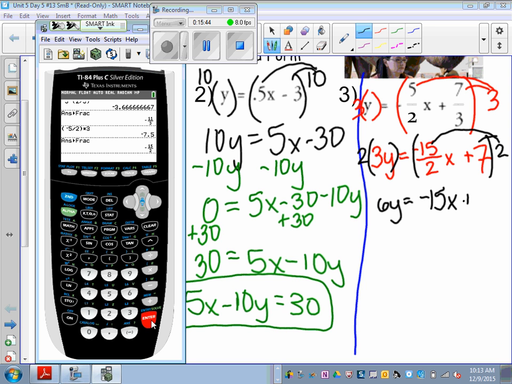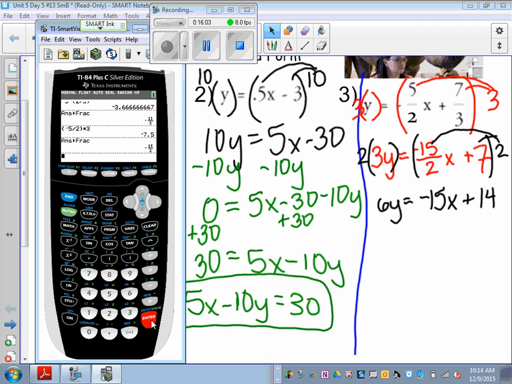And then 7 times 2 is 14. So multiply by your largest denominator, and keep doing that until you get rid of all your denominators. Now we have no more fractions. Now we can move stuff around. Oh, and how nice! When we move our x, it's going to be positive.